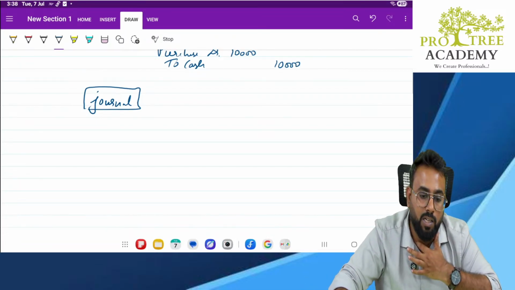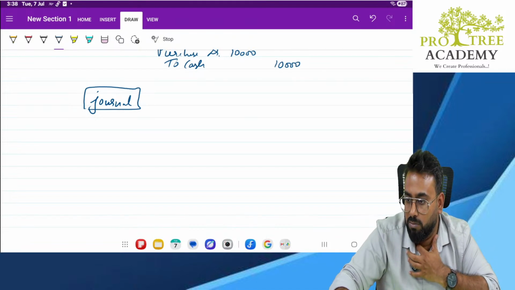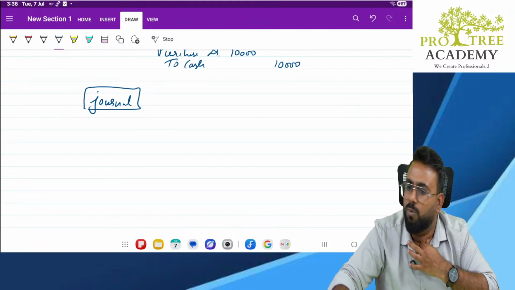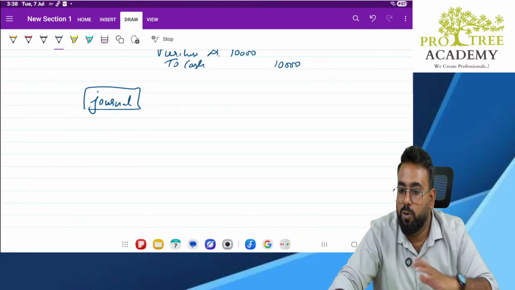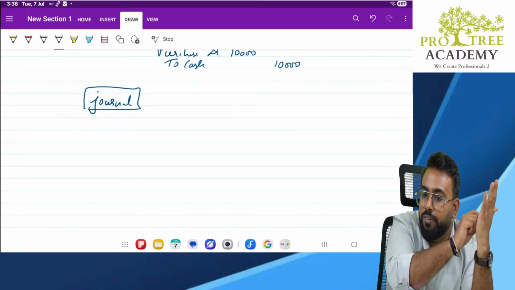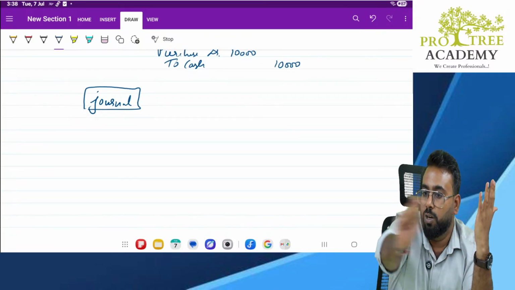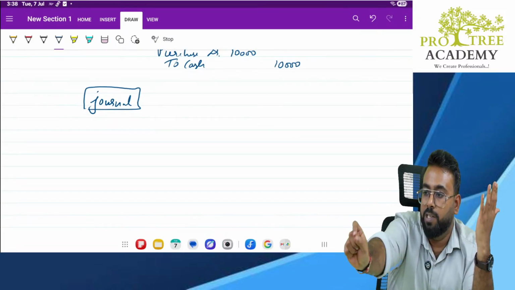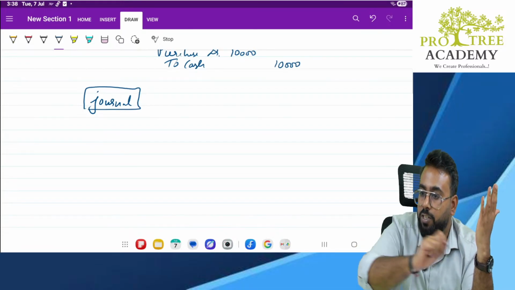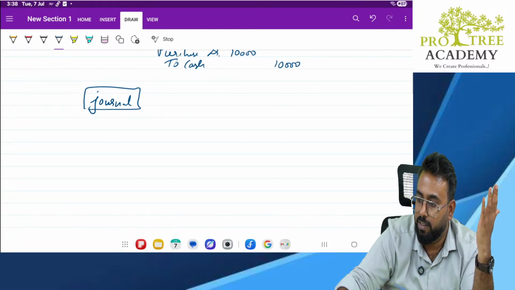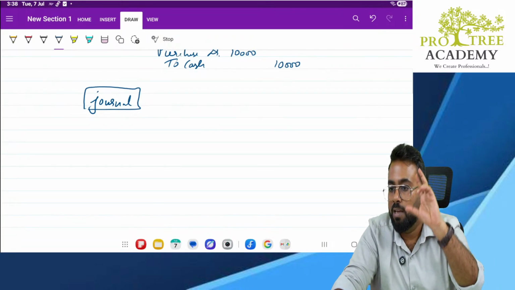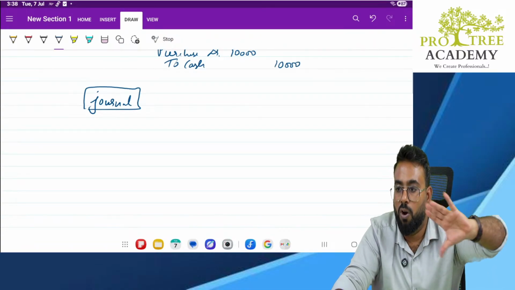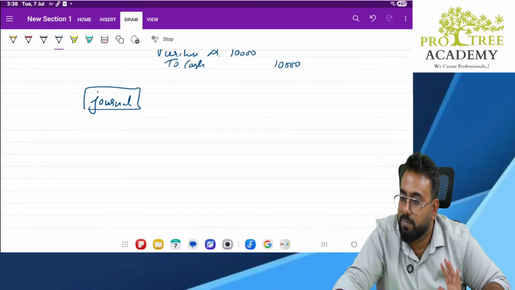In simple words, if you go to a kirana store near your home or a pharmacy, whatever it is, very small, they would have maintained one book where they write all the transactions. Today I sold this much, I purchased this much, I purchased from so and so, I sold to so and so on credit. Correct or no? So, journal is something in which you record all the transactions.